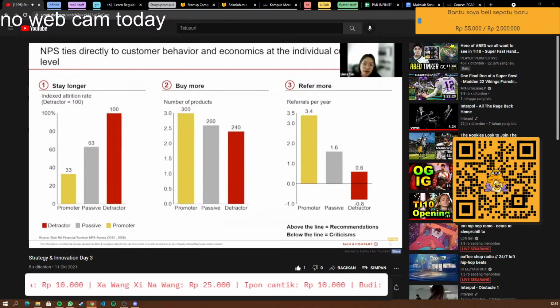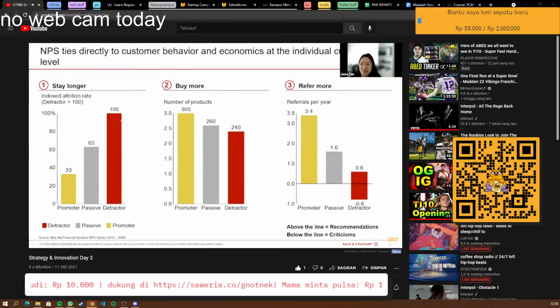Yes, it is true. I think this is an example. Actually, this is real data, right? What you see is that if customers are your promoters, the attrition rate is lower, right? So what you see here is attrition rate, which is the opposite of retention rate. How much do you lose your customers?